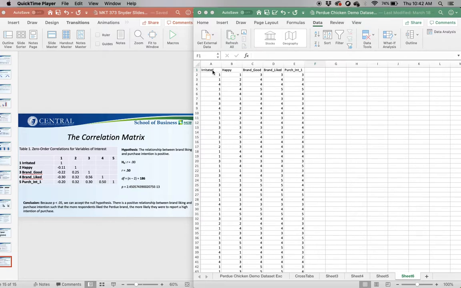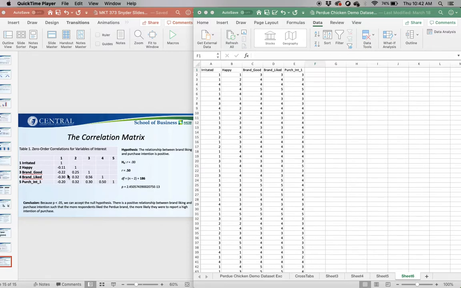The 5 items asked how irritated the respondents were by the advertisement, how happy they were about the advertisement, how good they felt the brand was, how much they liked the brand, and their likelihood of purchasing the brand. All of these items were measured on a scale from 1 to 5, from strongly disagree to strongly agree.